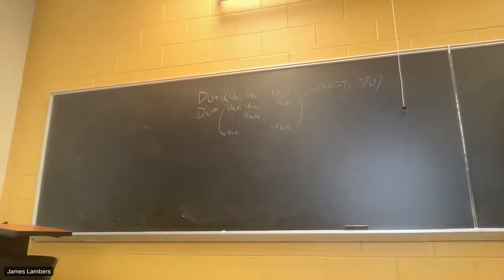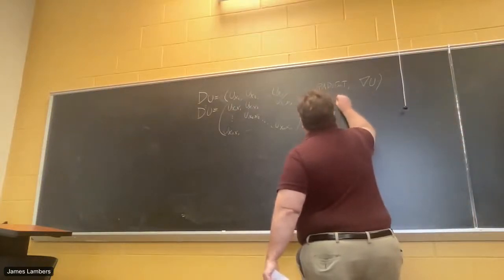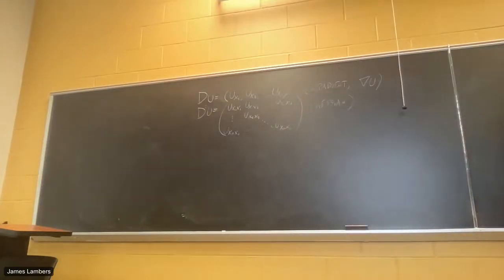The Hessian. Okay, and we can generalize from there. So Du is a vector, D squared u is a matrix. Higher order derivatives would be higher order tensors, which I won't get into. It's difficult to write on the board.